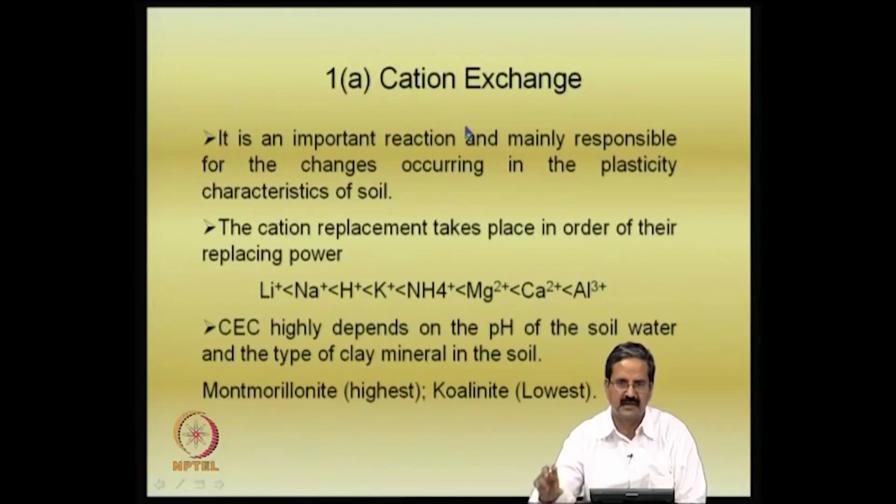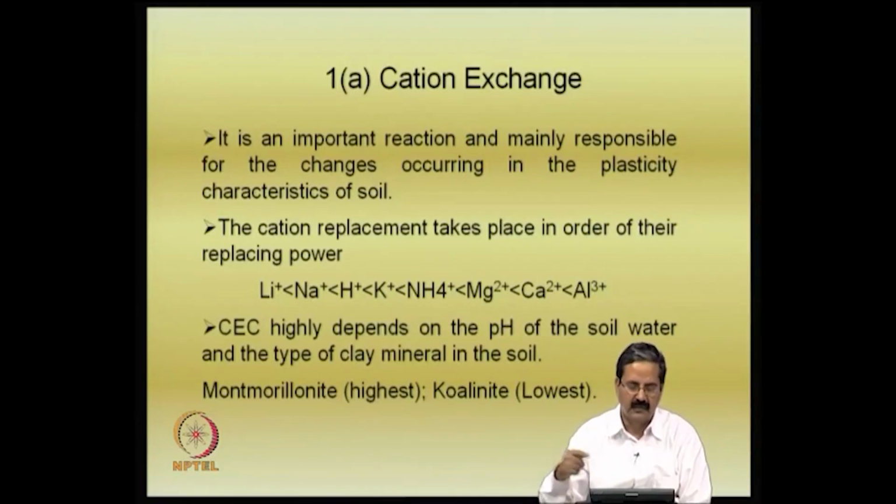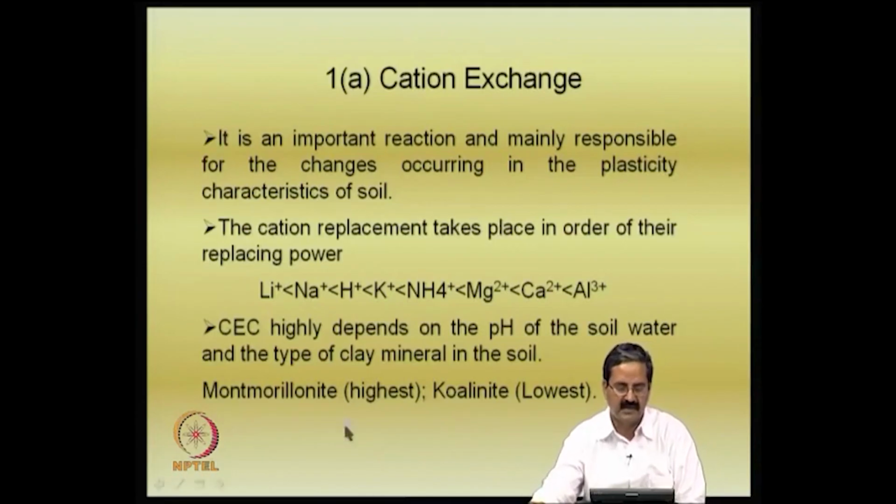It is because of this mechanism of cation exchange capacity that a replacement of cations takes place on the clay surface, and this is in a certain order. For example, lithium, sodium, hydrogen are all single valence ions, and higher valency ions replace the lower valency ions.